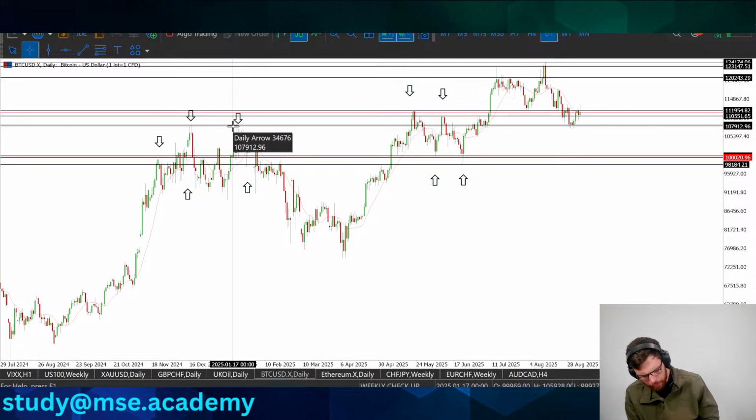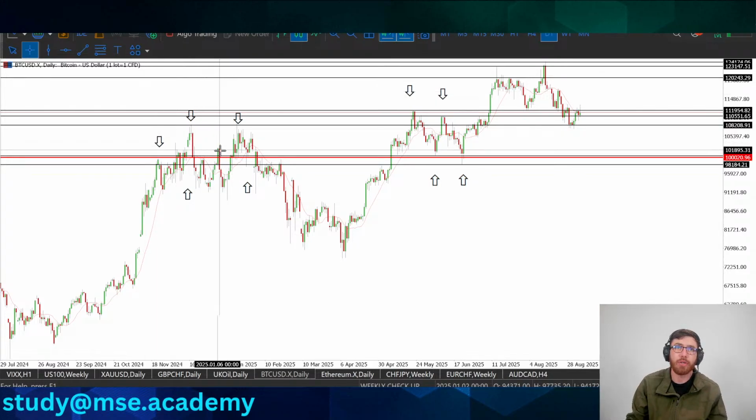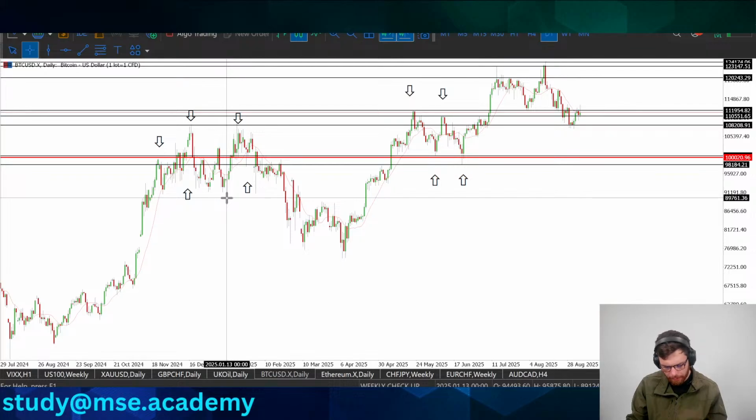So I'm just going to show you here, W formation, 108, 108, and then in the center we had a push to 102. And then the pullback, we're sitting at a low of about 92 and a low here of about 89.